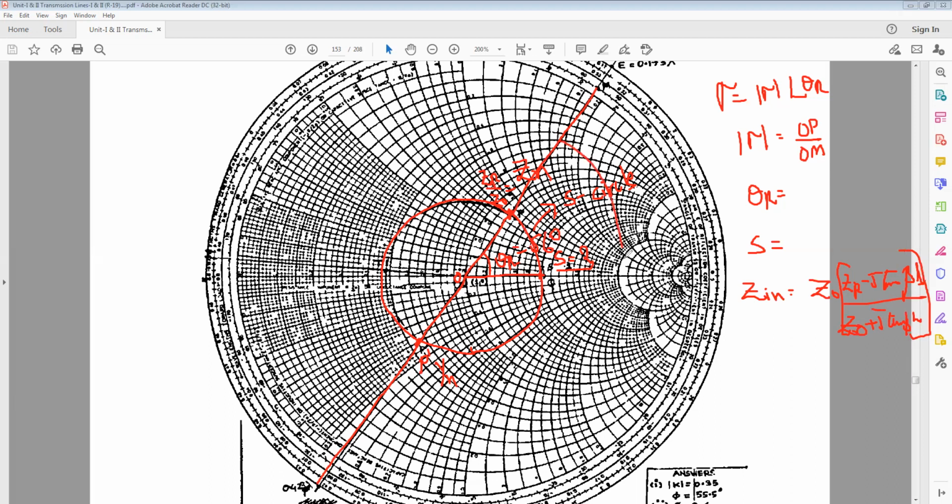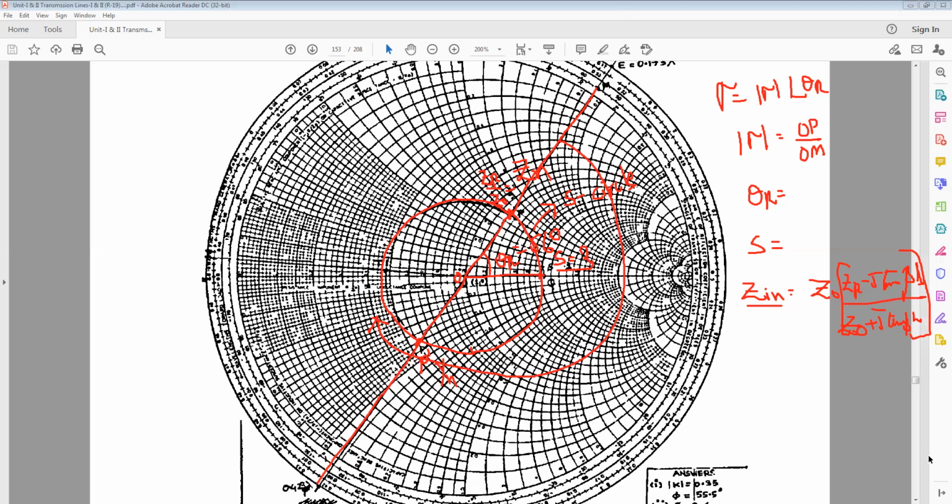And from this line, you can take the circle here up to that to get the Zin value. So wherever it gets the degrees, following the degree values, by using the Smith chart we get the Zin value. Got it, my students? So like that, by using the Smith chart, we can find the reflection coefficient magnitude and theta, the total reflection coefficient gamma, S the standing wave ratio, and similarly Zin also.